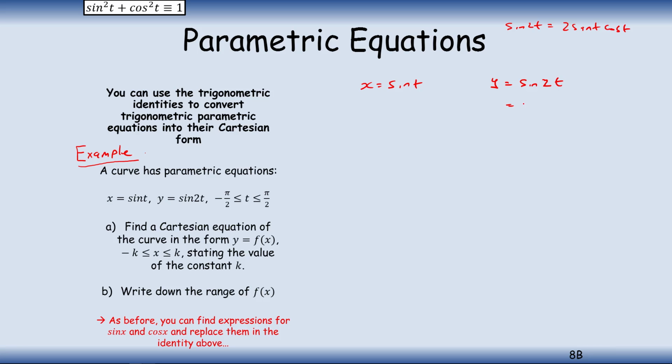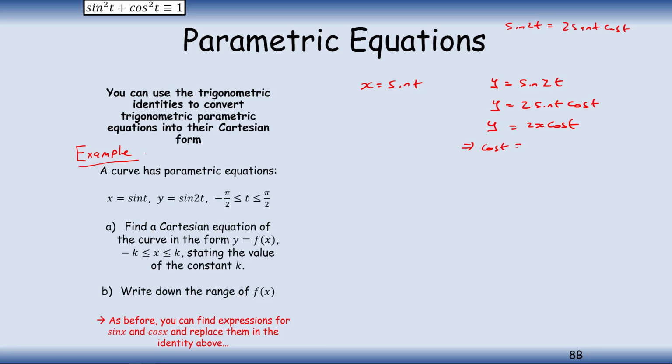So let's write that here. 2 sine t cos t. Now I know that x equals sine t, so I can sub it in here. That's equal to 2x cos t.